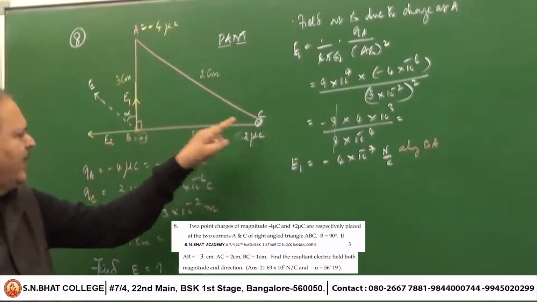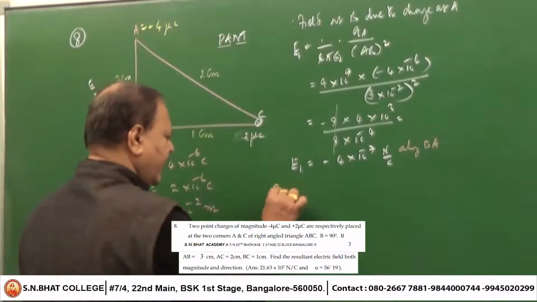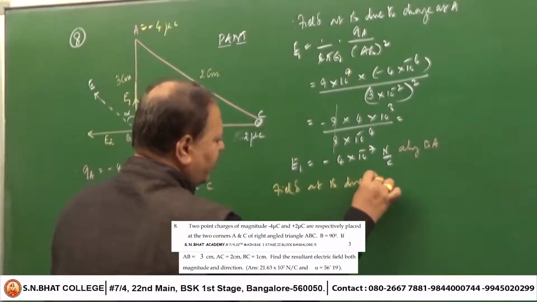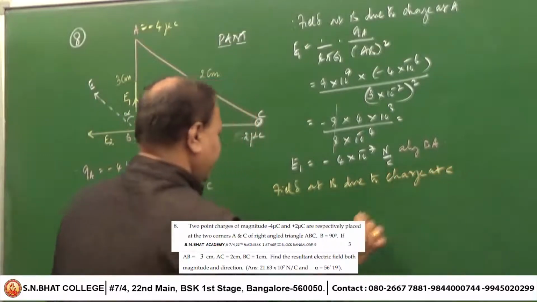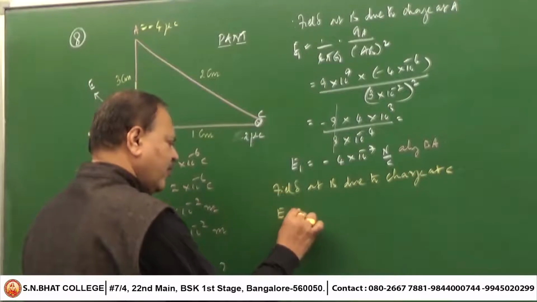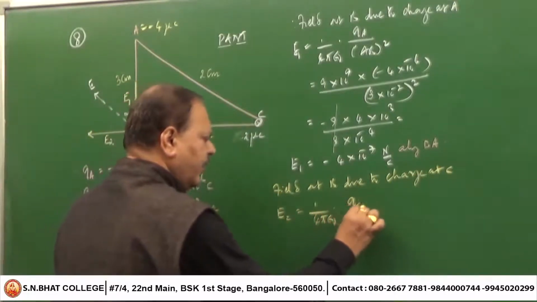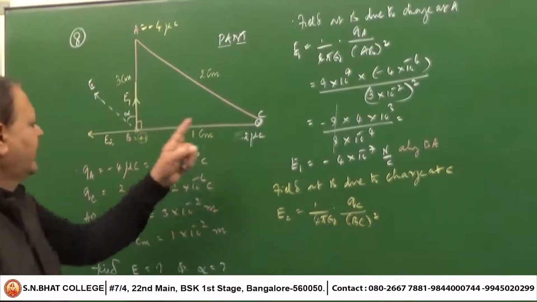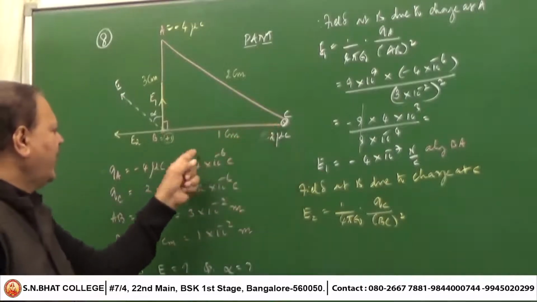Now field at B due to the charge at C. That's given by E2 is equal to 1 by 4 pi epsilon naught into QC divided by BC whole square. So you know the formula 1 by 4 pi epsilon naught into Q by D square.